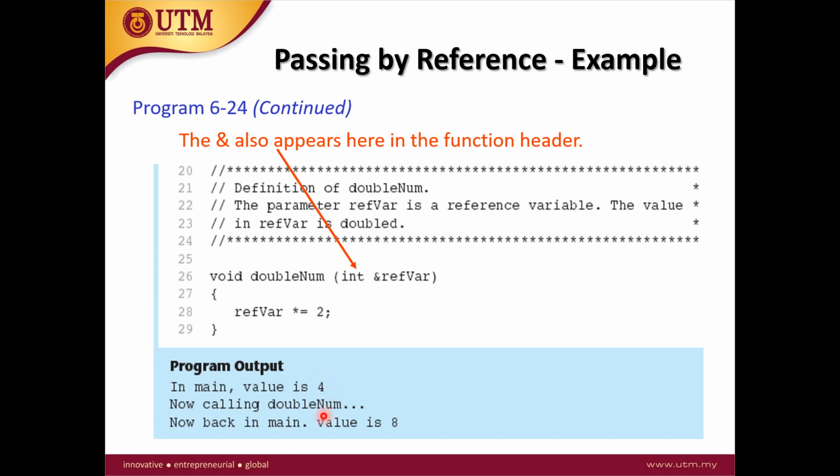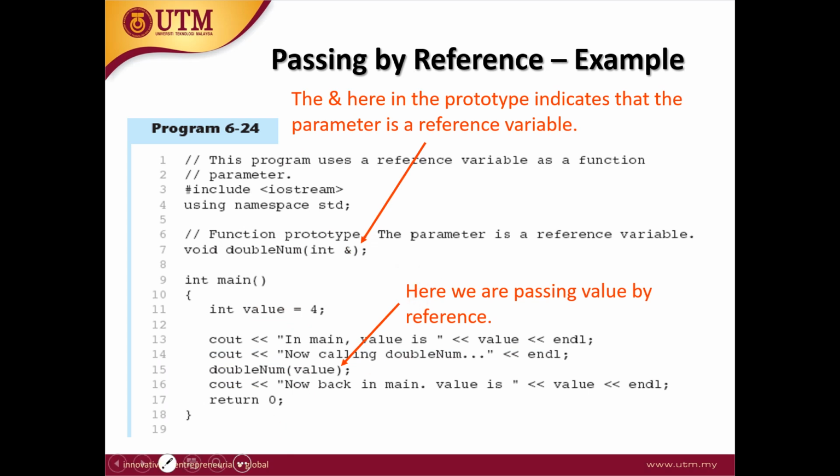When this function is executed, the value of the refVar is going to be 8, which is the value variable. So when we are printing the value again, 8 is going to be printed because we have passed this variable by reference.